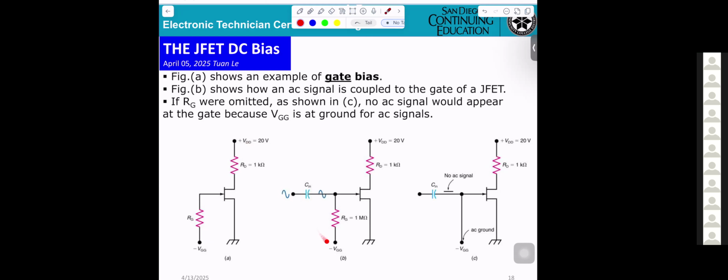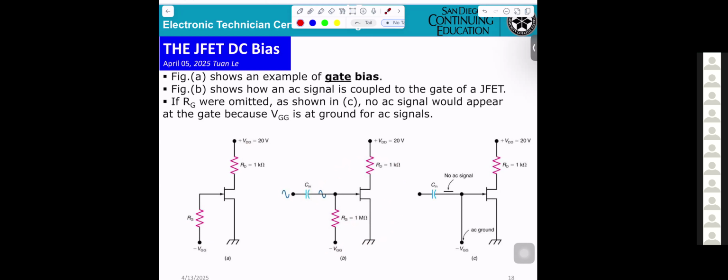In this display, they're telling you one thing: RG, the resistor here, will be very high, in this case 1 megaohm. That only tells you the current cannot flow through a big resistance.